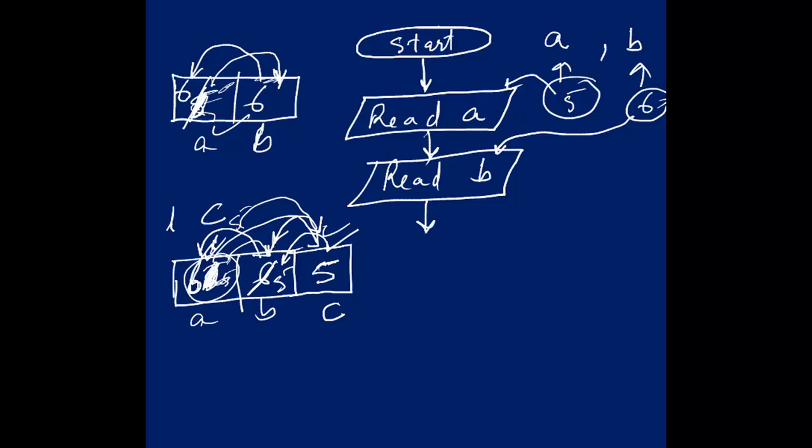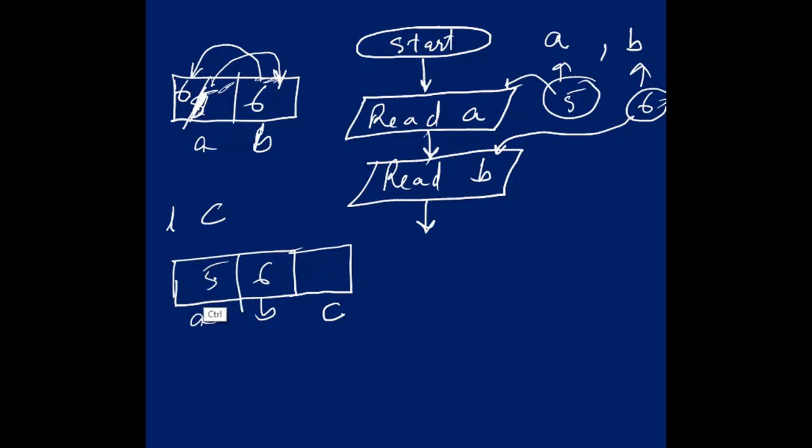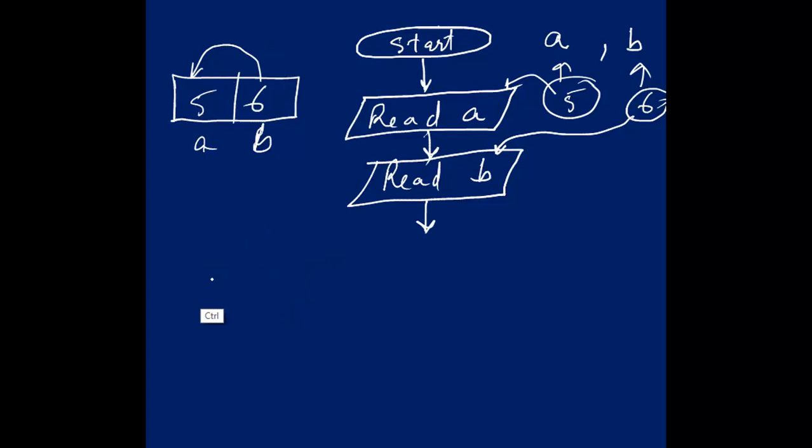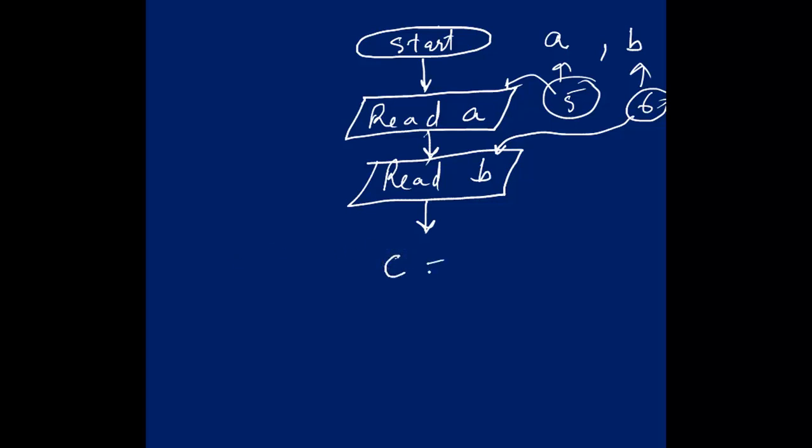Okay. Now coming back to flowchart, we will declare third variable in which I will store the value of A. So I will write C is equal to A. Whatever the value 5 is stored in A, I will store it in C also.